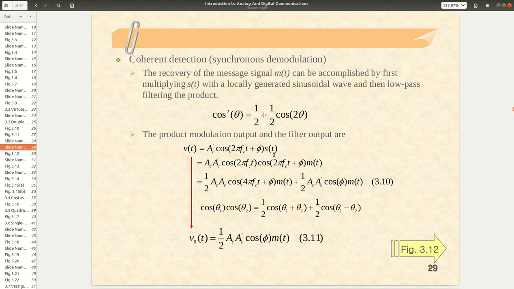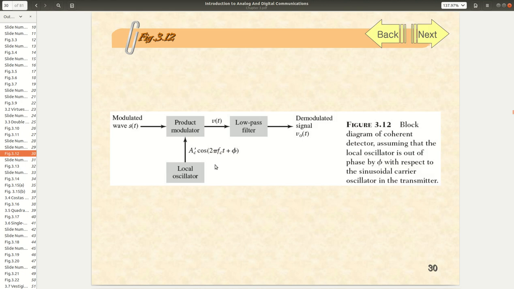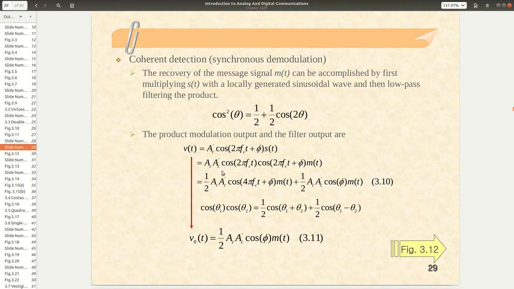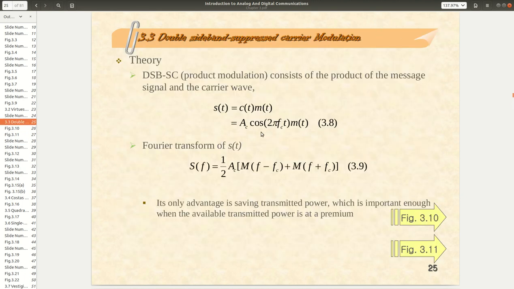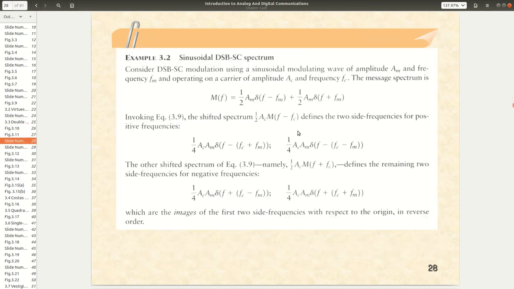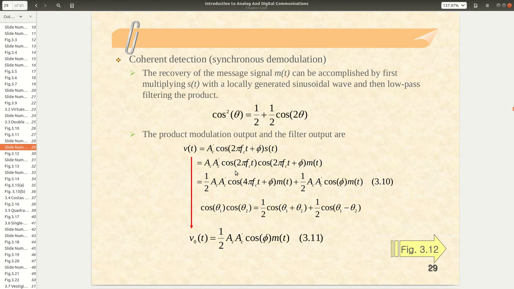Here s(t) we will multiply by cosine(2 pi fc t plus phi), with the amplitude of the generated signal, generated in the oscillator. Now if we put s(t) in, we have c cosine 2 pi fc t multiplied by the signal m(t), so you see two cosines multiplied by each other.